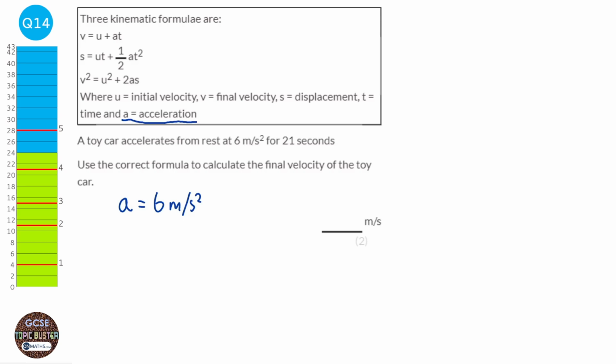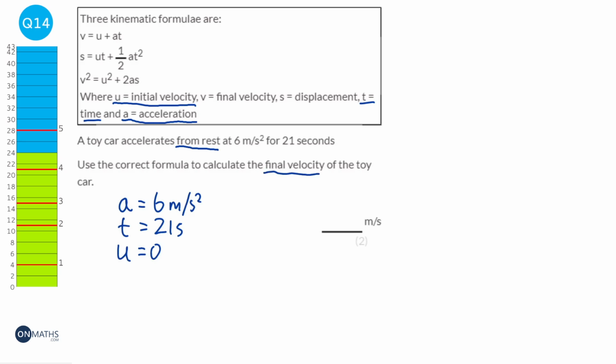It says for 21 seconds, so we've got the time, which is 21 seconds. Now, there is also something else it gives us, because it says from rest. So the initial velocity is going to be 0. And it asks us to find the final velocity. So we're looking for what v is.